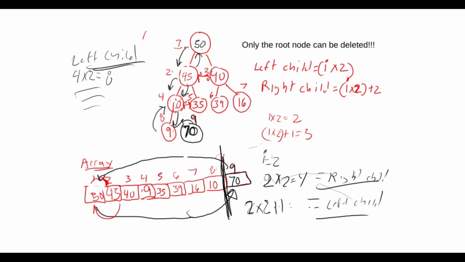And we put 9 here, 10 here. Now we have our binary max heap tree.